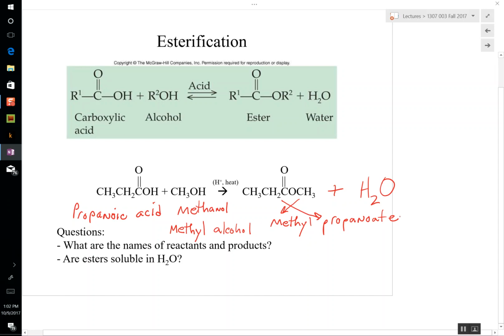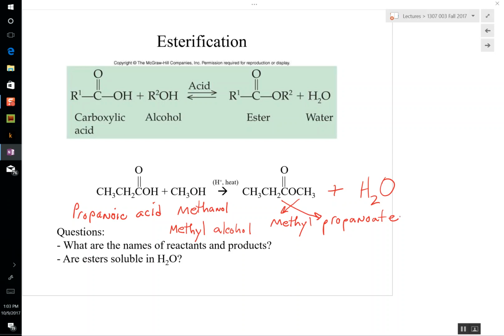Methyl propanoate. What you want to key in on is the part of the molecule that's a carbon-oxygen double bond. That part of the molecule, you see it has some carbons attached to it. That part is derived from a carboxylic acid.